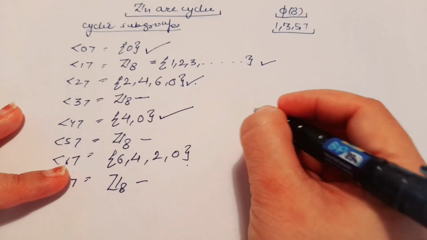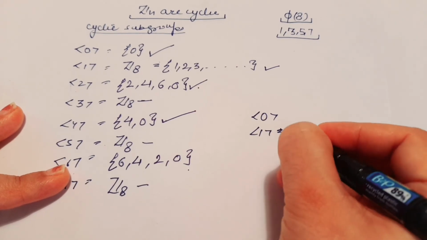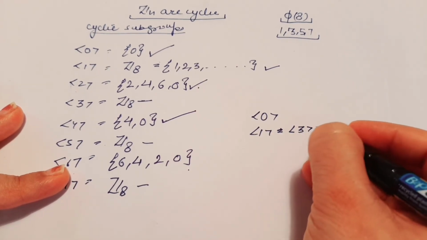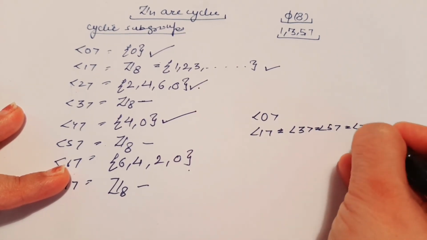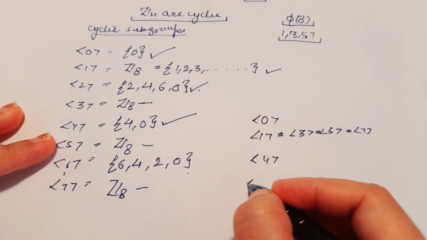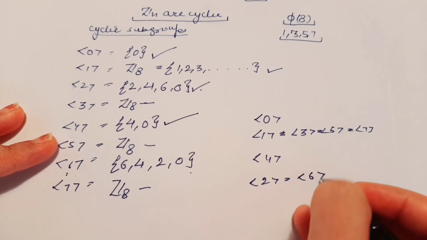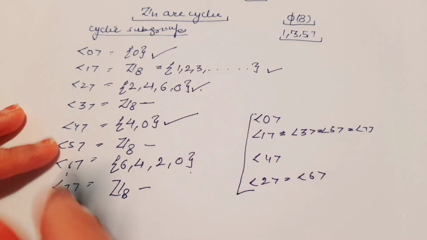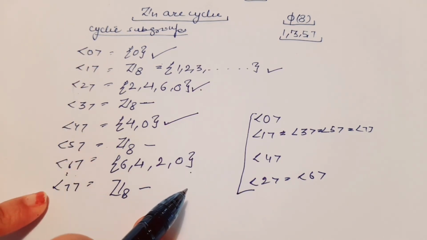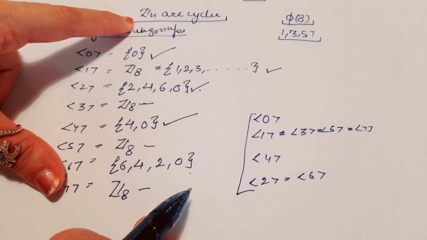So we got 4: generated by 0, generated by 1, 3, 5, 7, generated by 4, and generated by, you can say, 2 and 6. So these 4 were non-isomorphic subgroups of Z8, because we were talking about Z8, which was cyclic.